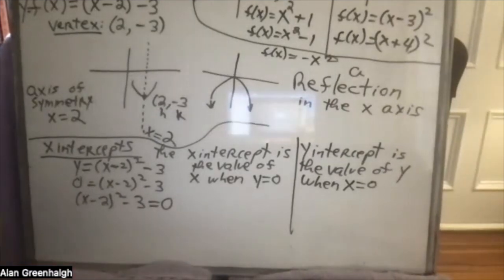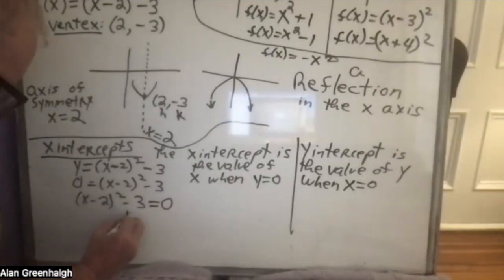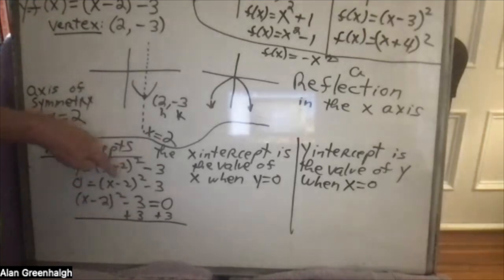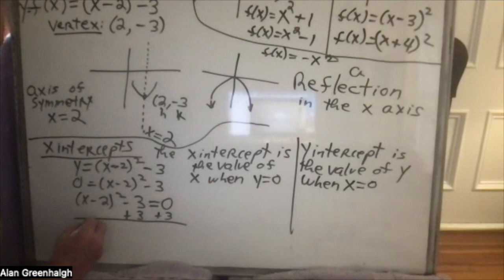Okay, well, how do we do this? Well, let's bring over the 3. This is how I would do it. Now, I'm not going to square this and try to solve the quadratic. I'm going to make it as easy as possible. So (x minus 2) squared is equal to 3.